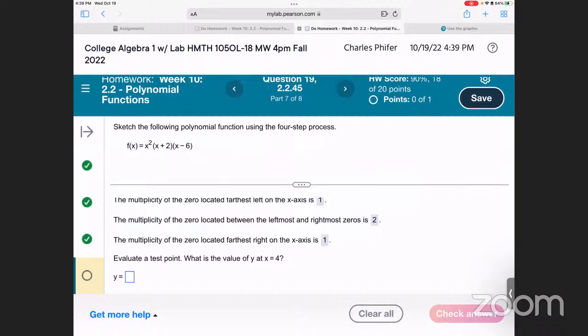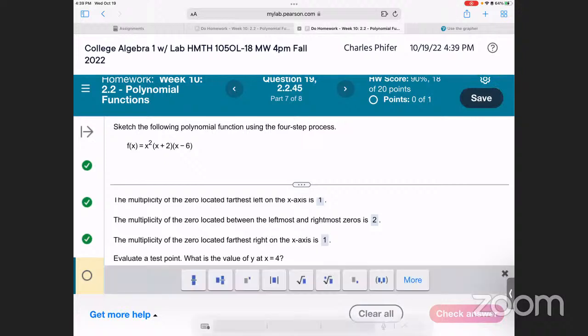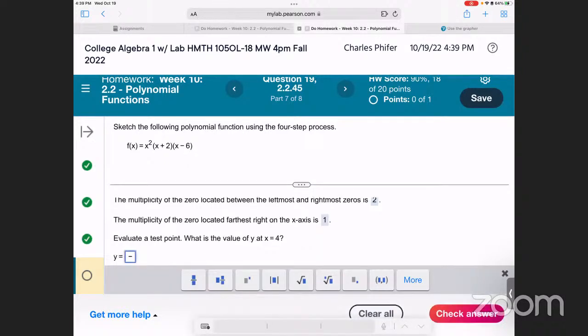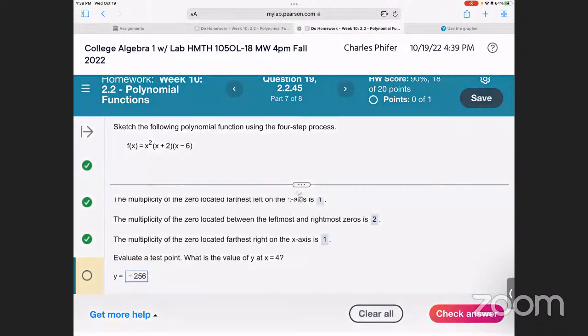So when x is 4, that's a bit much. 4 times 2 is 8, -2. I think it's a -256. Let me try. I don't know if that's the right number. Let me see. 16. 4 plus 2 is 6. 4 minus 6 is -2.